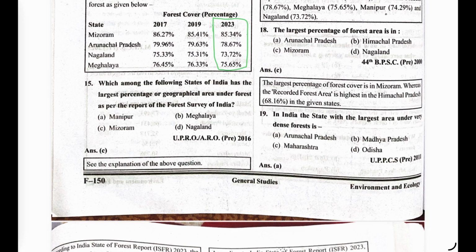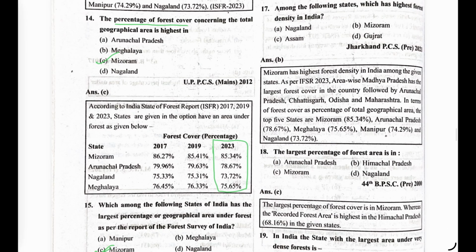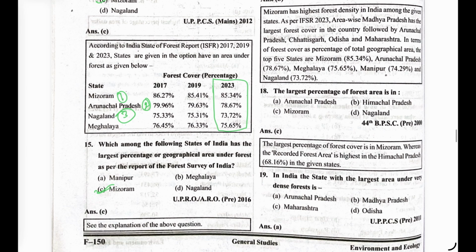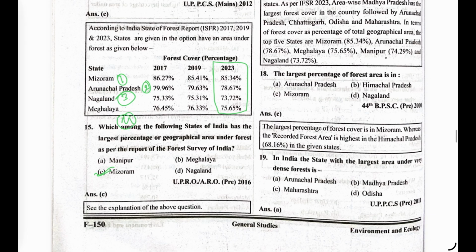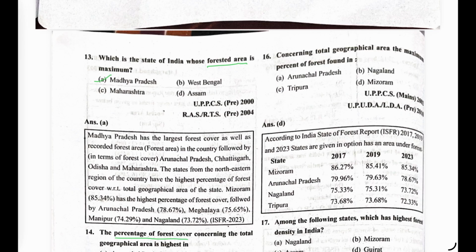That is Mizoram. So remember this. First is Mizoram, second Arunachal Pradesh. So if Mizoram is in the options, it will be Mizoram. If Mizoram is not in the options, it will be Arunachal Pradesh. After that, third is Nagaland, and fourth is Meghalaya. Concerning total geographical area, the maximum percentage of forest is in Mizoram.